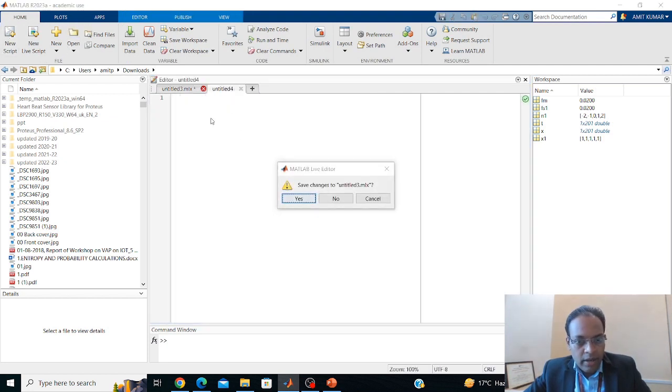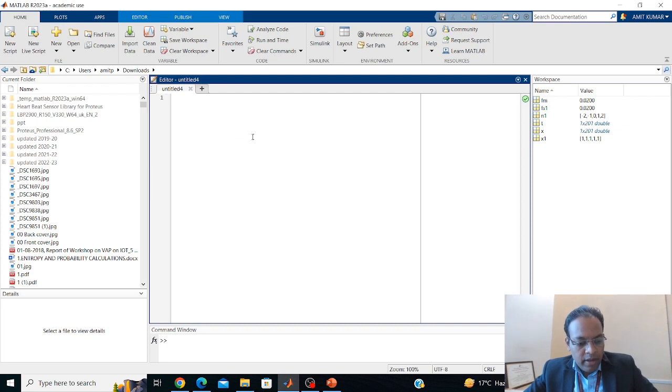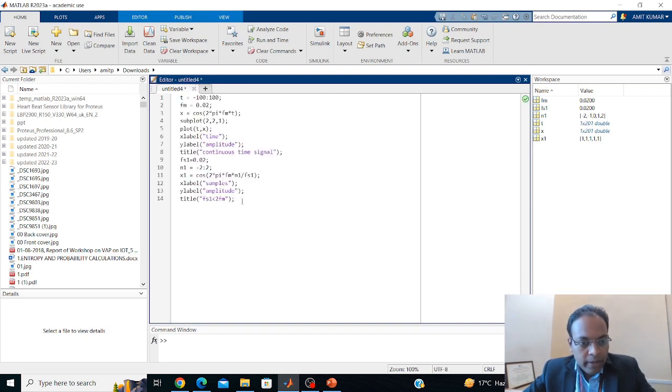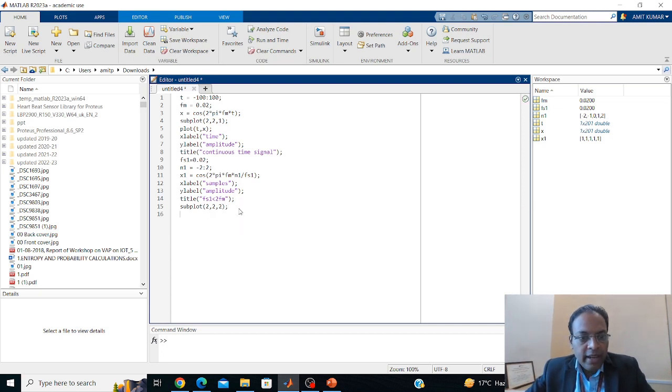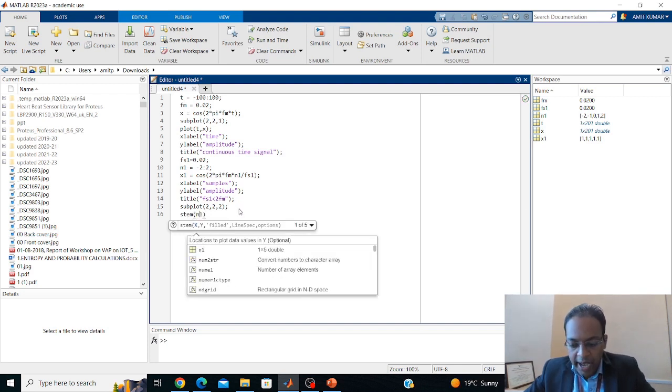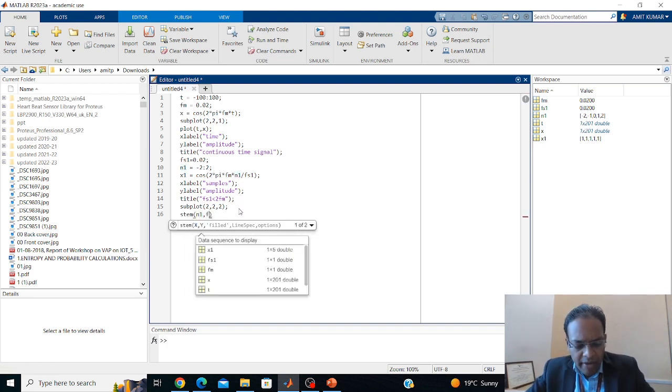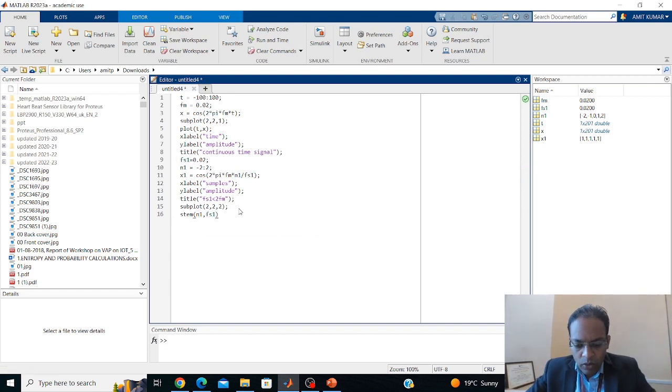I will close it and here we will write the program. The title we have given. Subplot 2 comma 2 comma 2, and then to plot the graph of the signal we give the command stem. So it is n1 comma fs1. Okay, so click on the run option.